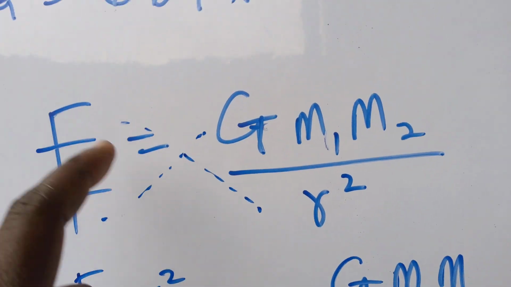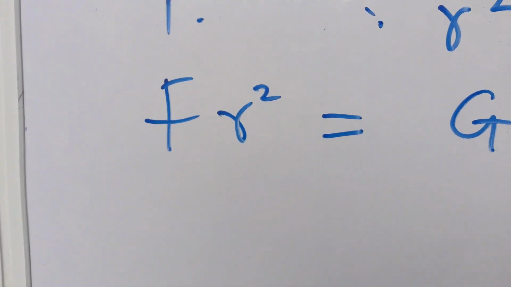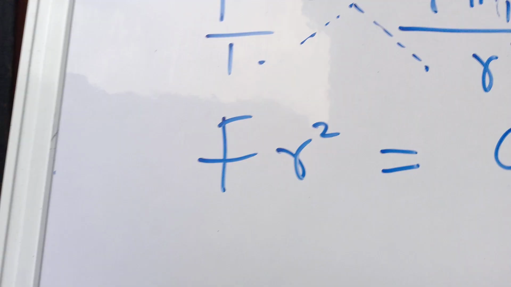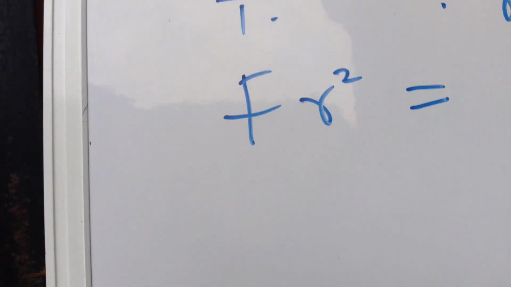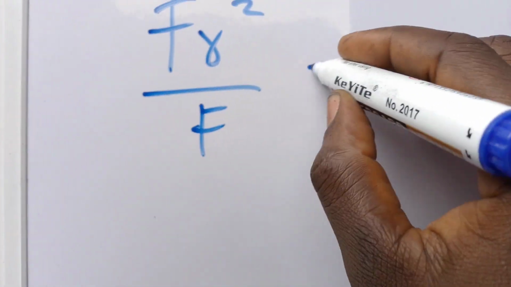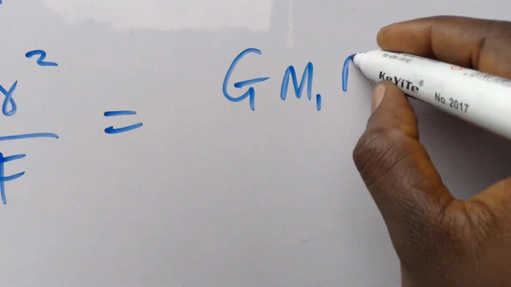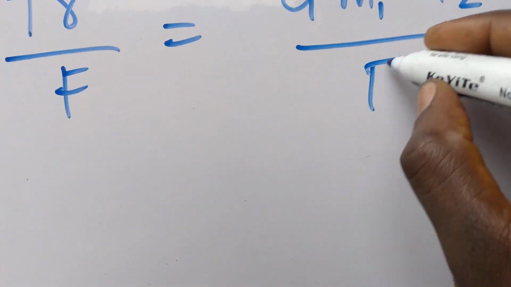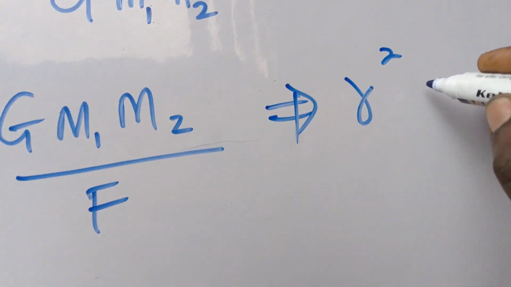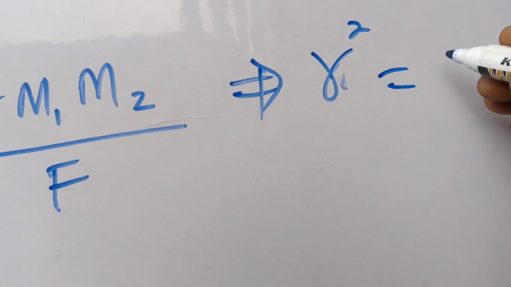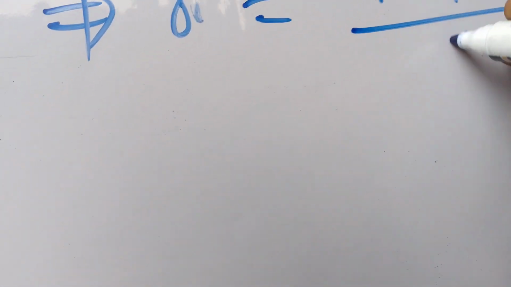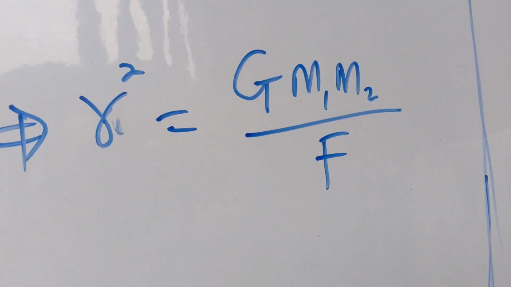So F times r square gives me F r square, and then G m1 m2 times 1 gives me G m1 m2. If I divide both sides by the coefficient of r square, this changes to F r square divided by F is equal to G m1 m2 divided by F. So F will eliminate F, and I'll have r square is equal to G m1 m2 over F. Now we take the square root of both sides.